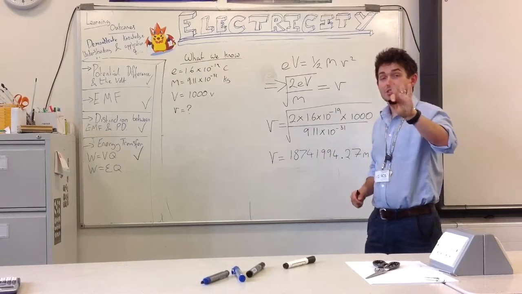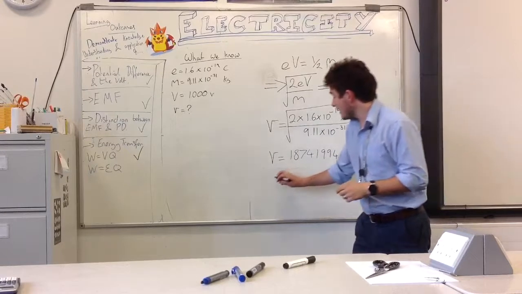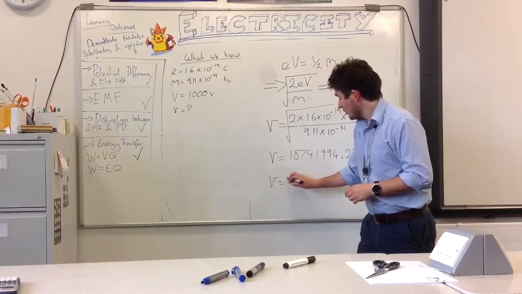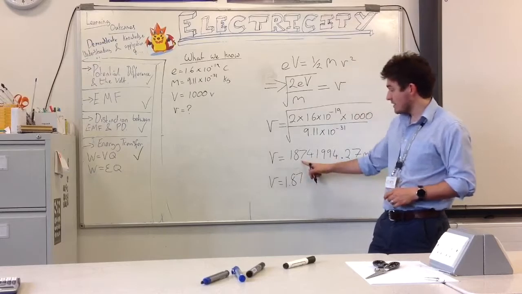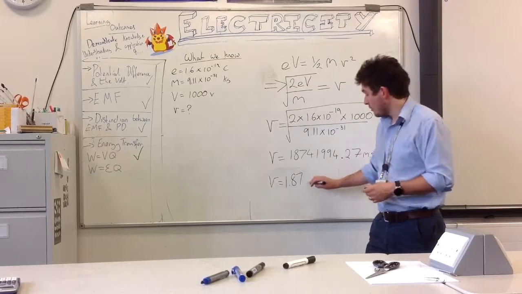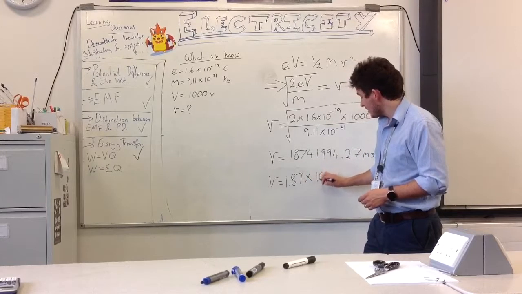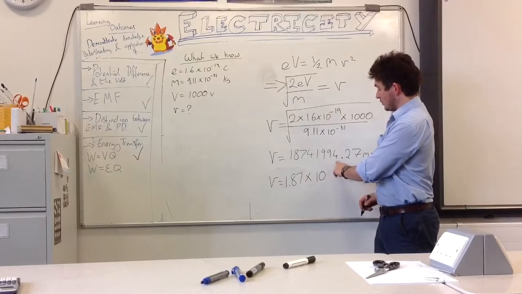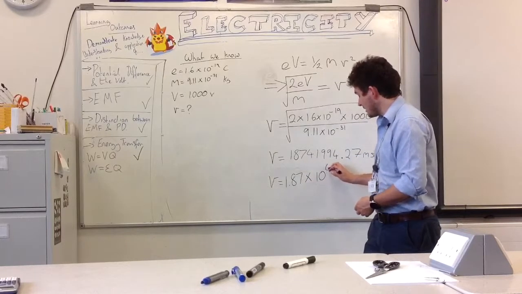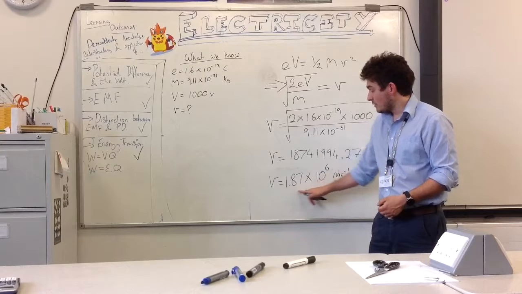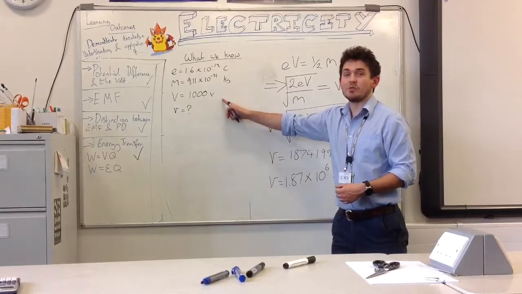So I'm going to go to 3 significant figures, and change it into 1.87. I'm not rounding the 7 because there's a 4 after it. So 1.87 times 10 to the, how many powers is it? 1, 2, 3, 4, 5, 6, times 10 to the 6 meters per second. That's in 3 significant figures, and it's totally justified because of the information that we've put in.